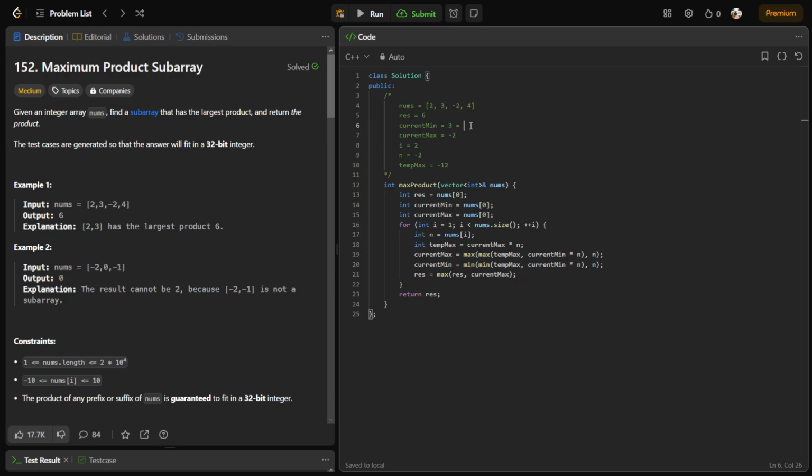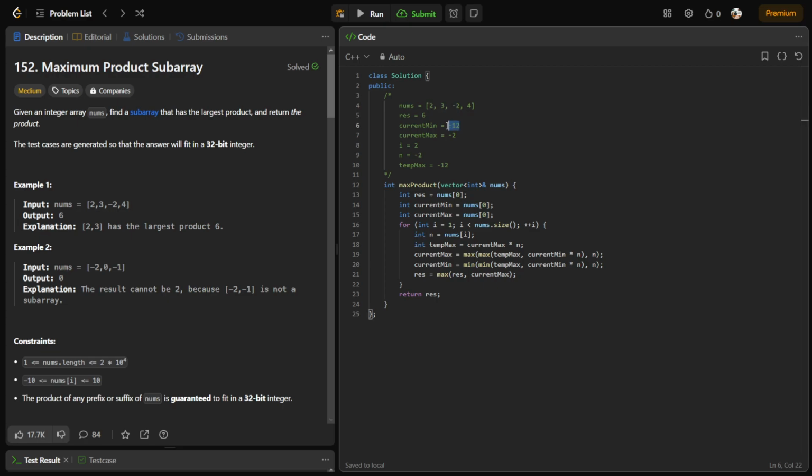Current min is the minimum of temp max, -12, current min times n, and n itself. So this will give us -6, -12, and -2, and now the current minimum we know is -12, which is the product of these three numbers that form a subarray.